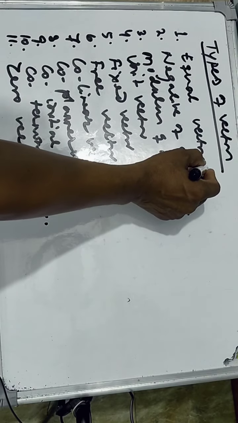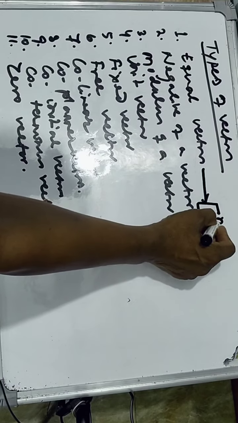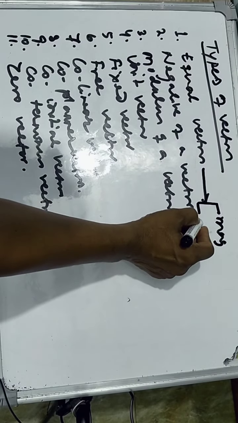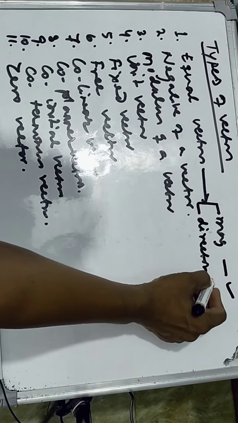Here, we say two vectors are equal if they have magnitude equal and direction also equal. That means same direction and same magnitude. We say these vectors are equal.